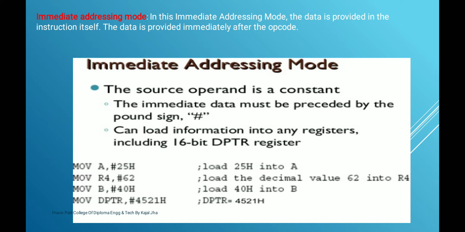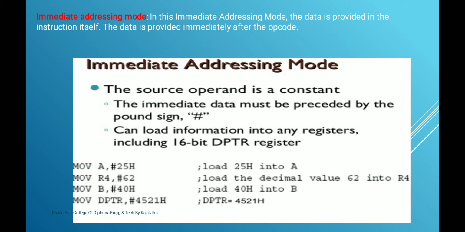The way we identify and use the immediate addressing method is by the hashtag sign, that is, the pound sign. So when any number or operand is preceded by the hashtag sign, then the addressing mode is the immediate addressing mode.